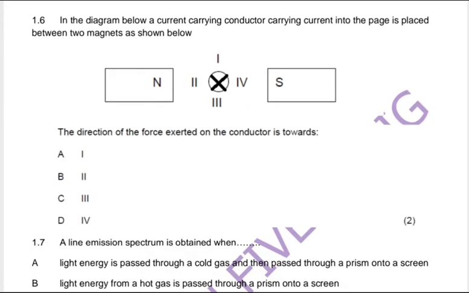1.6 says, in the diagram below, a current carrying conductor carrying current into the page is placed between two magnets. So the moment we deal with a current carrying conductor, remember our two rules. It could be the right-hand rule or the left-hand rule. Which one should I use here? I should use the left-hand rule for the motor effect.